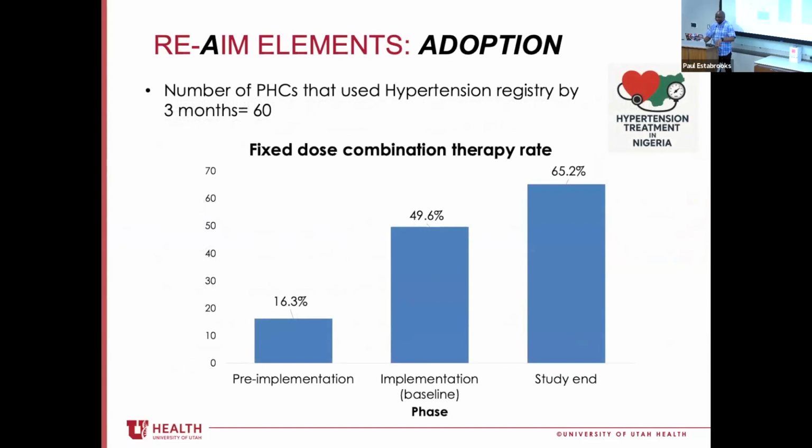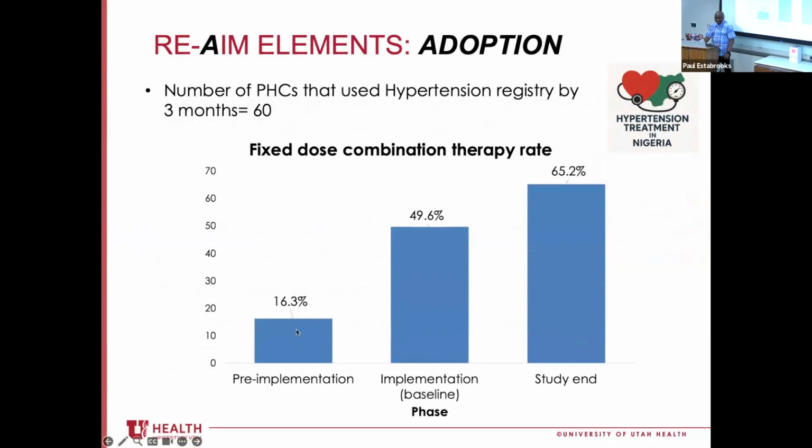So moving to adoption as well. The number of PHCs that used the hypertension registry by 3 months. When we started rolling that out, all the PHCs had their registry set up in the first 3 months, which was good. Another thing was that they are supposed to promote fixed dose combination therapy.